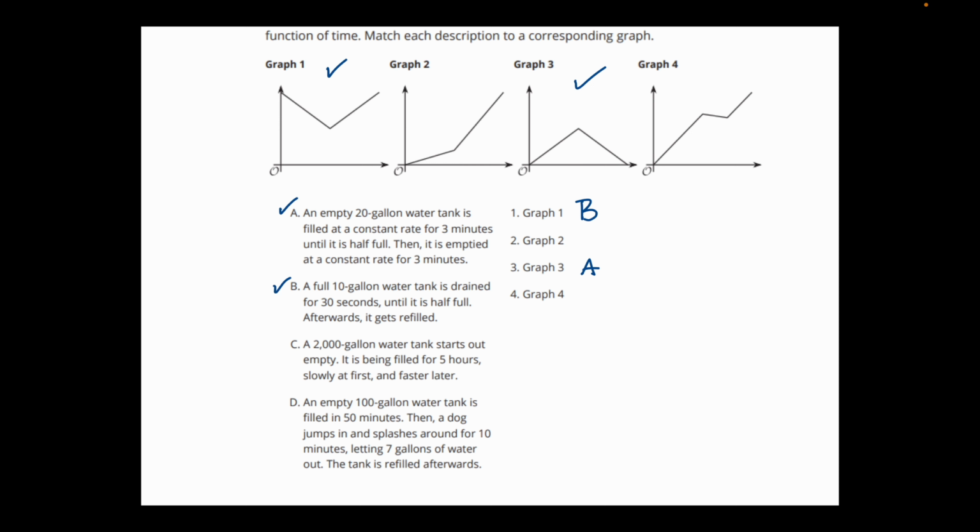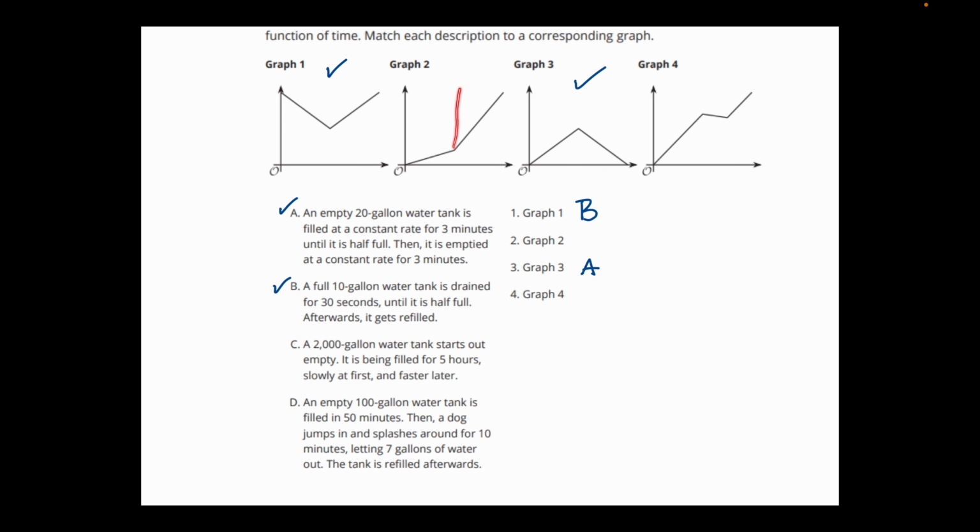Okay, so question C. A 2,000-gallon water tank starts out empty. It is filled for 5 hours, slowly at first, and then faster later. This one looks to me like it is graph 2, because it is filled slowly at first, which means we have a very gentle increase over time, and then it is filled faster afterwards.